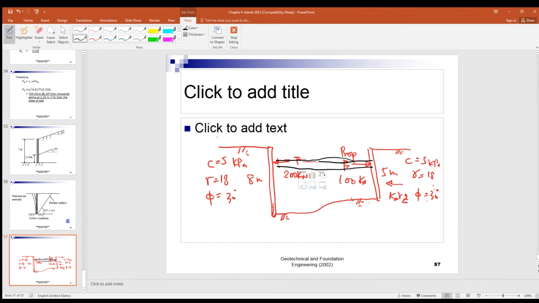Tell me, is the prop force equal to 200 or 100 kN? It's the same prop, right? Can you tell me, should you take 200 as the maximum propping force, or the average of these two values? Any idea? What's wrong with the calculation?